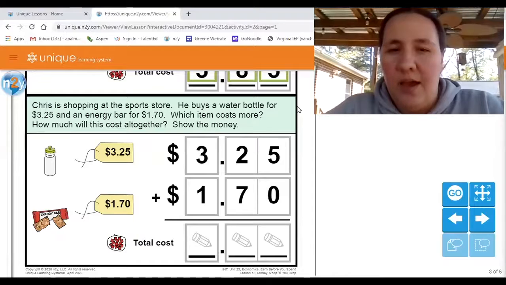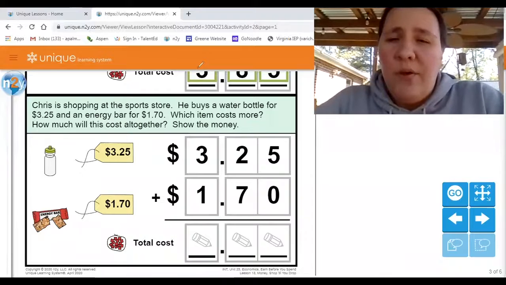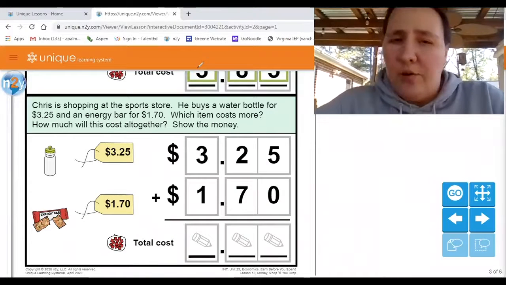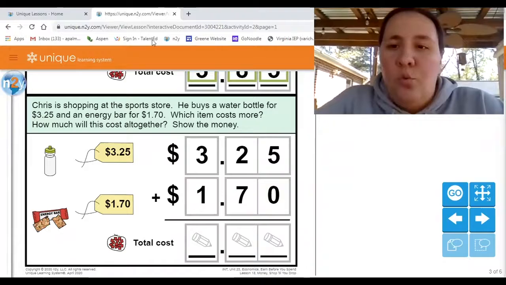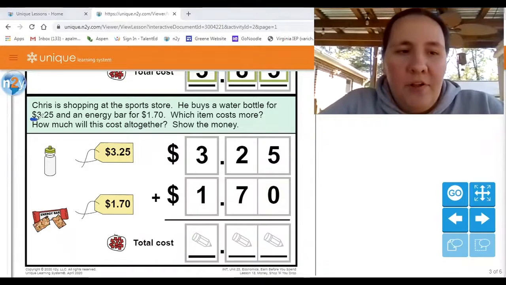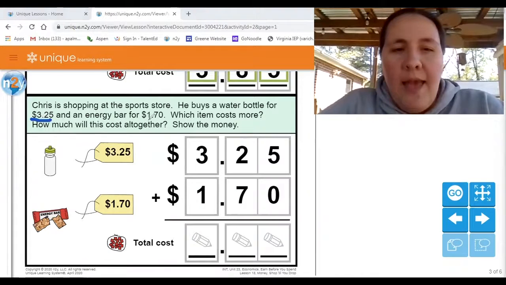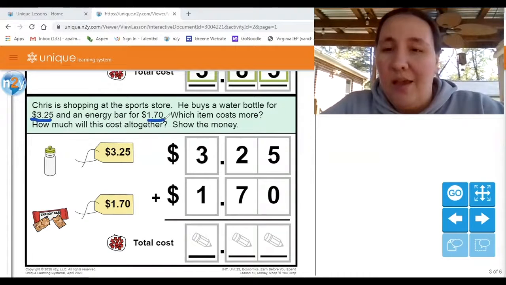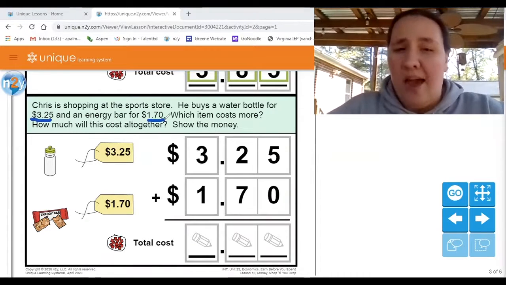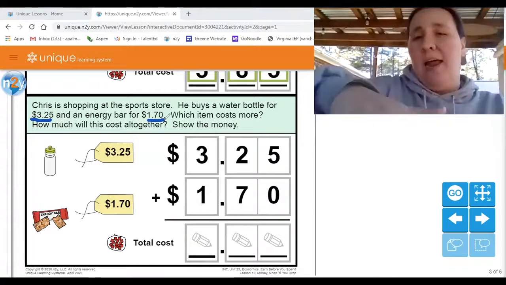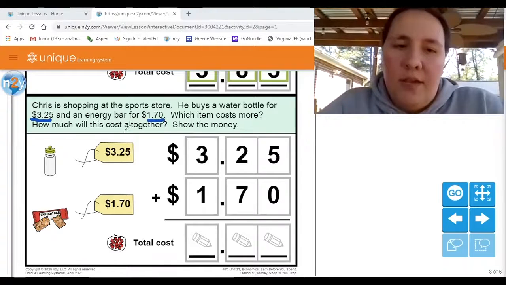Okay. With your finger at home, I want you to tell me some important things. What are the important numbers in this story? Great job. I see some of us pointing to the first big number. Good. And some of us pointing to the second big number. Great job. Okay. What's my word that tells me I'm adding? What's my word for adding? Very good. All together.